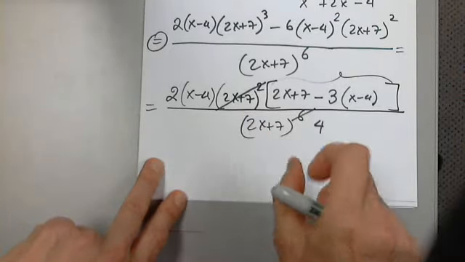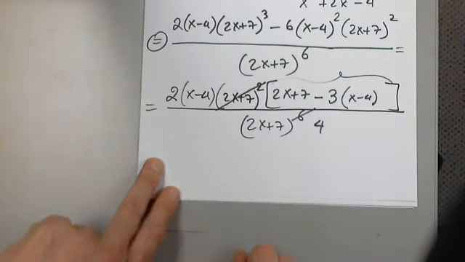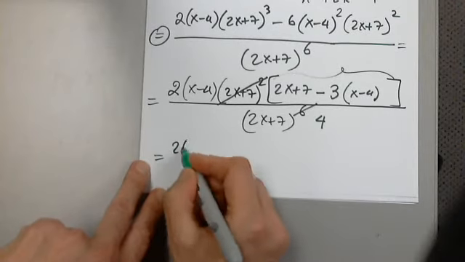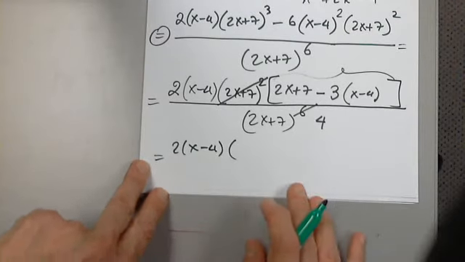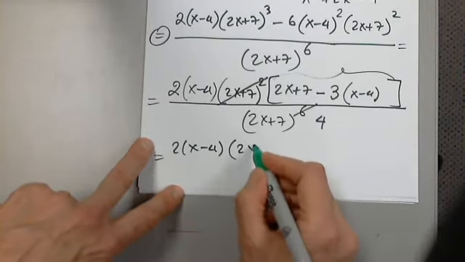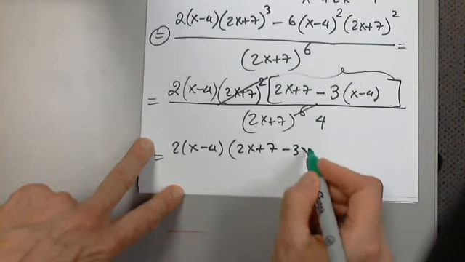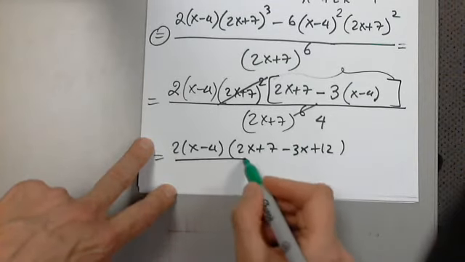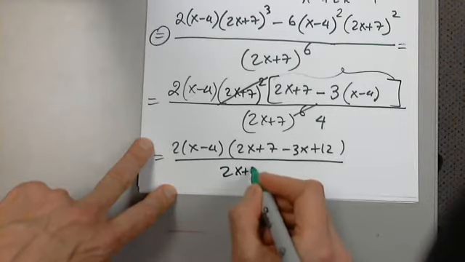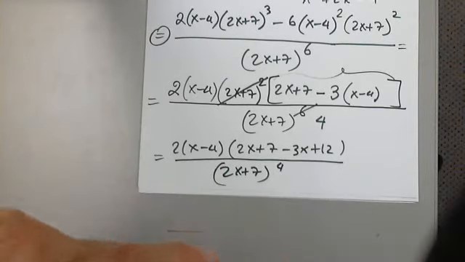So I took away 2 from the top and 2 from the bottom. Agreed? So then the numerator is 2, x minus 4. Let's see what we have in parentheses. We have 2x plus 7 minus 3x plus 12 over 2x plus 7 to the 4th power. That's why we are saying here, concerning this problem, simplify by factoring. So we factored first in order to be able to simplify it.